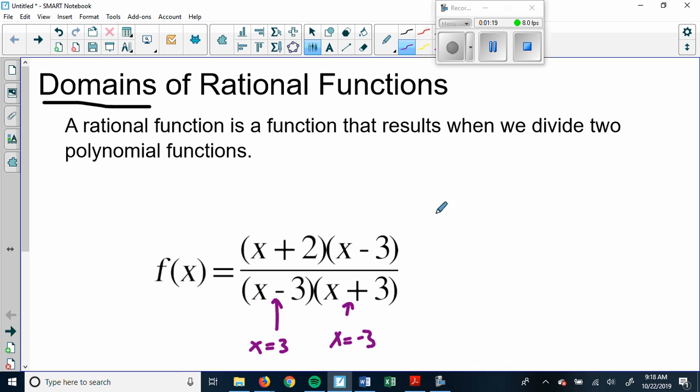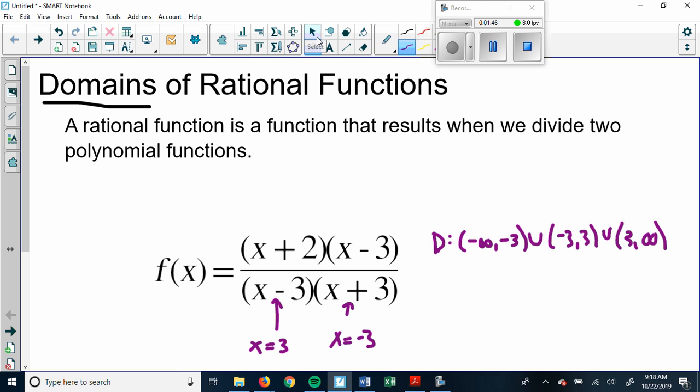So what I would say here is that our domain is -infinity to -3, -3 to 3, and 3 to infinity.